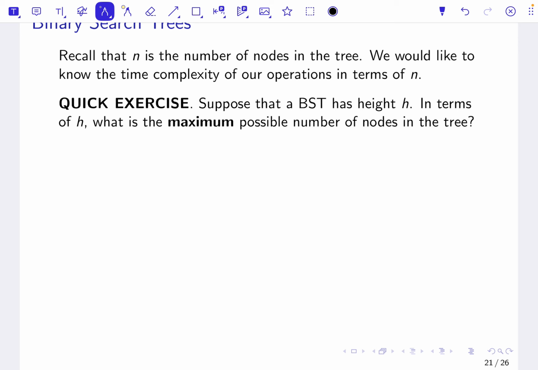Well, let's make a table and see if we find a pattern. We're not going to go for that long. A tree with no nodes or just one node, we say has height 0.